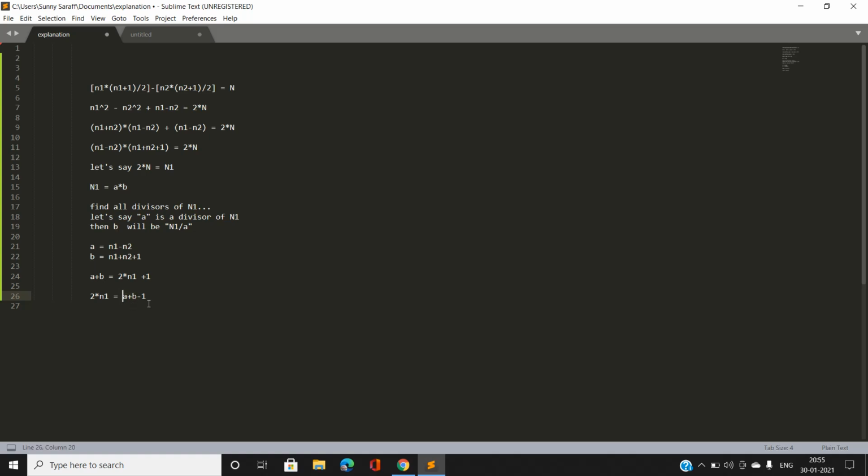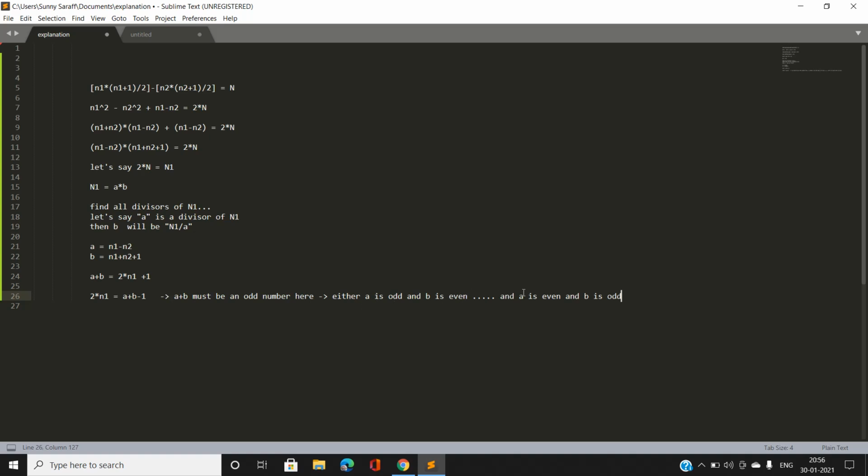Let me write, for simplicity, A plus B must be an odd number here, which implies either A is odd and B is even, or A is even and B is odd.